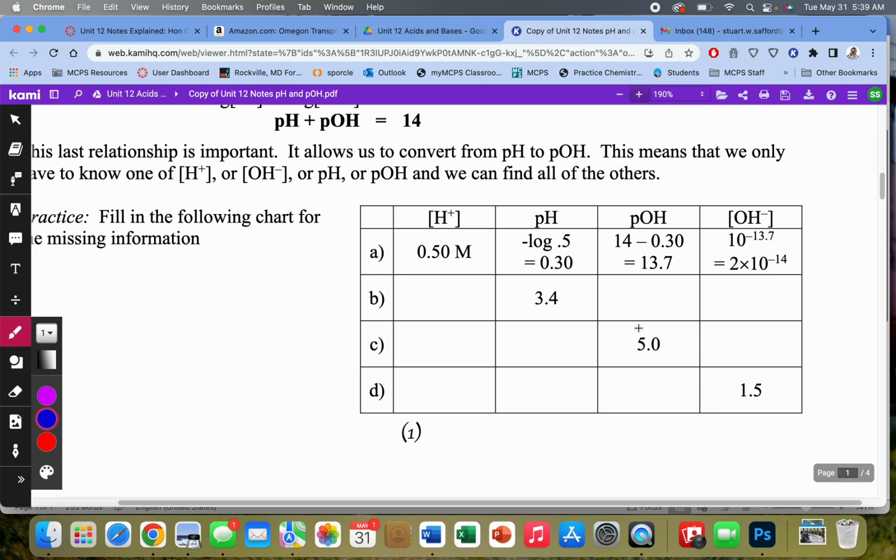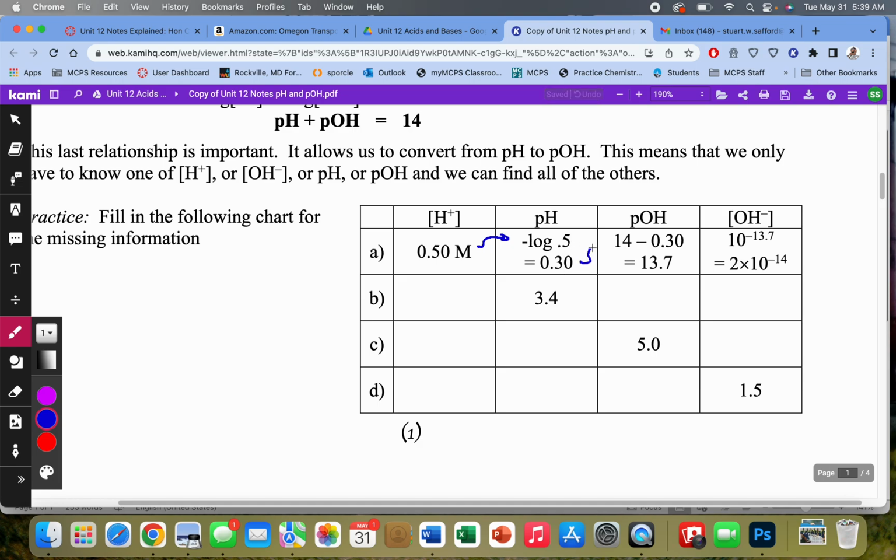You can look at this and see that I've got one of these things, in this case the H plus concentration. From knowing this, I can then go up here and take the negative log of 0.5 and get the pH.